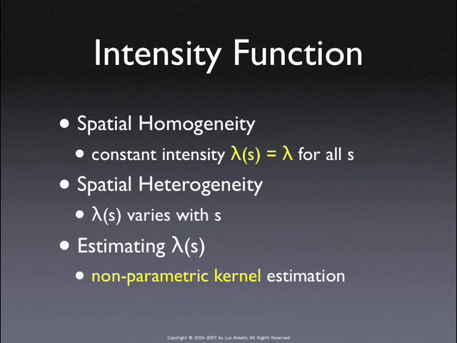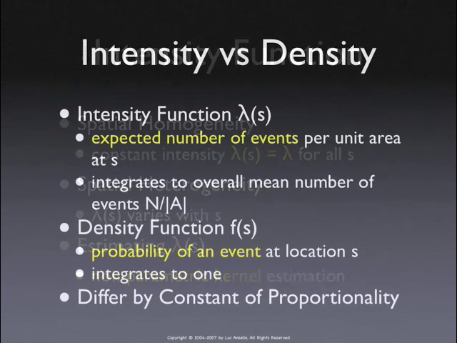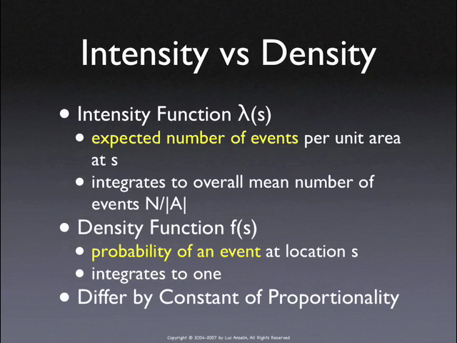Before we get into the specifics of the kernel estimation, there's a subtle difference here which is confusing, because not everybody is careful in referring to this. In the point pattern literature, there is actually a difference between intensity and density. Intensity is what we talked about earlier, the average number of events per unit area. We'll formalize this more next week, but conceptually, we're thinking of this unit area becoming smaller and smaller and smaller.